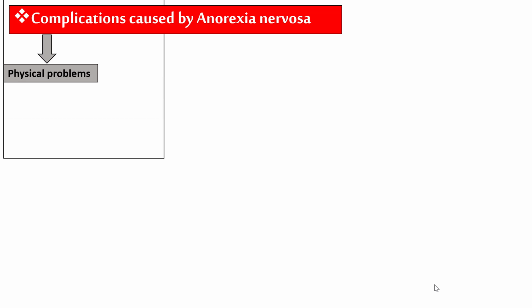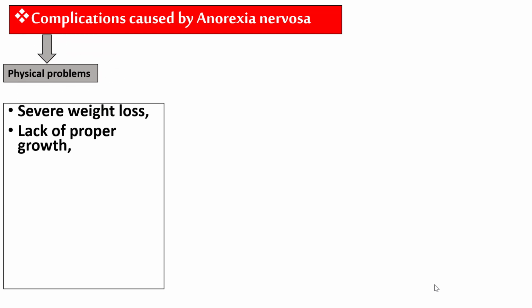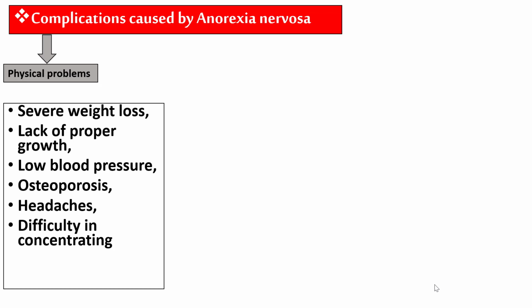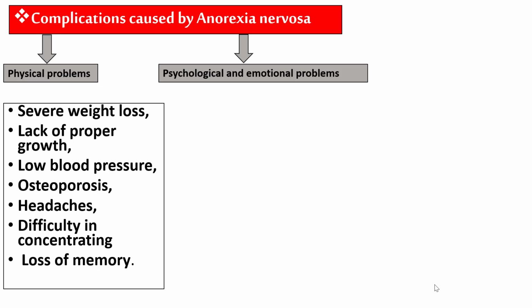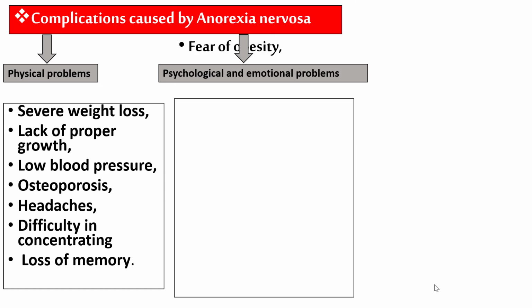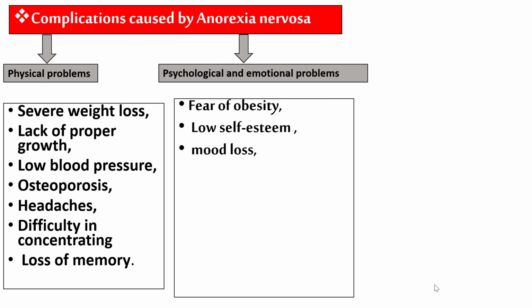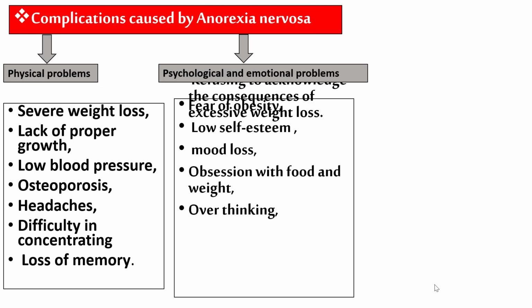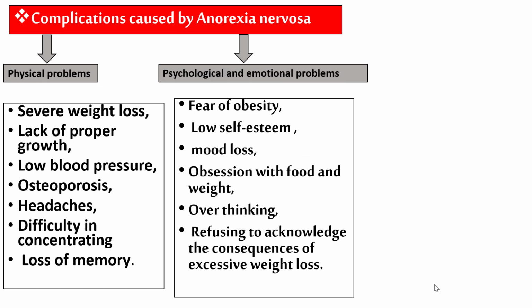What are the complications caused by anorexia nervosa? First, physical problems like severe weight loss, lack of proper growth, low blood pressure, osteoporosis, headaches, difficulty in concentrating, and loss of memory. Psychological and emotional problems such as fear of obesity, low self esteem, mood loss, obsession with food and weight, overthinking, and refusing to acknowledge the consequences of excessive weight loss.